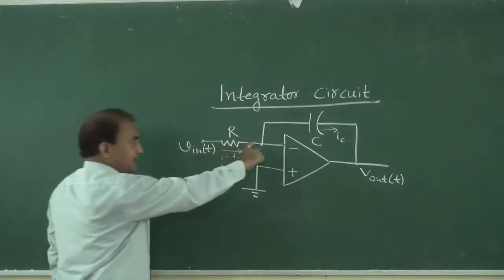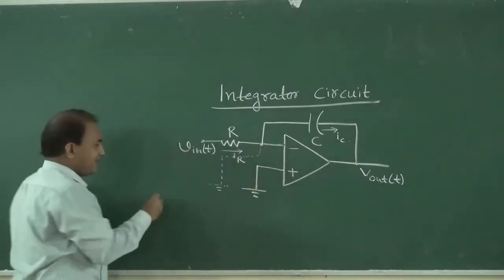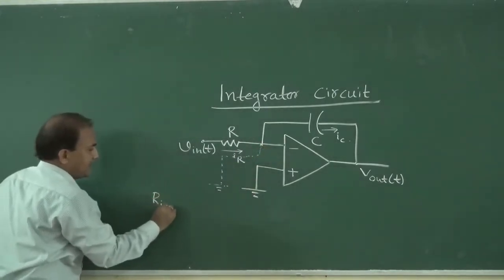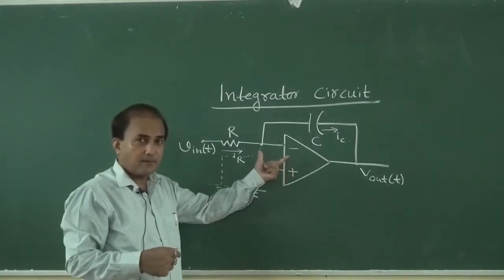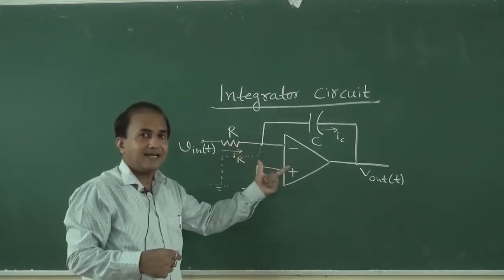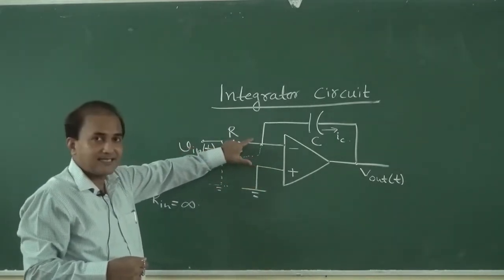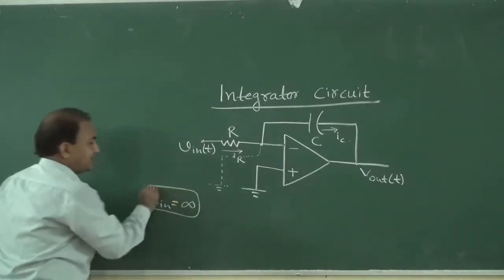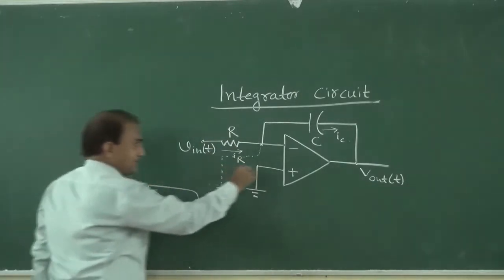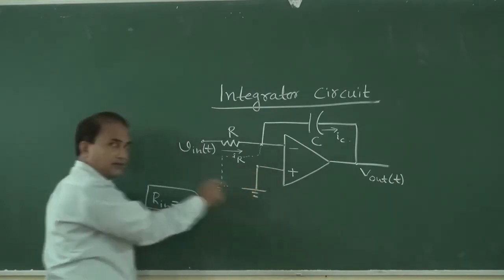The internal resistance of this operational amplifier, R in, is infinite if we consider it as an ideal operational amplifier. And this is connected to ground.